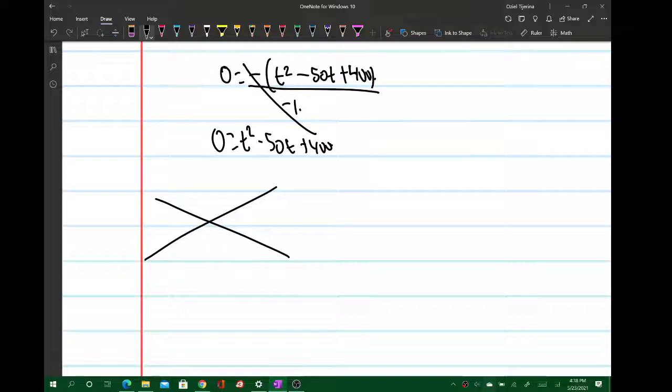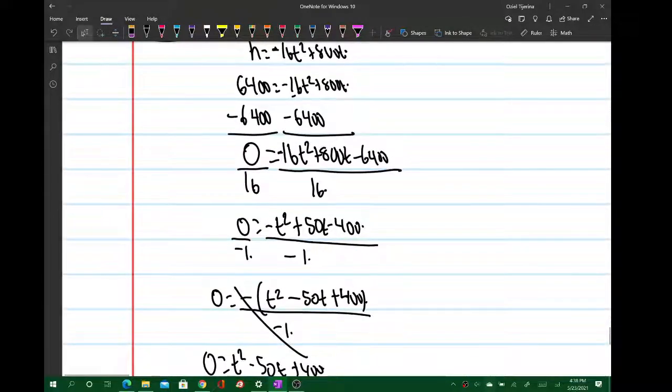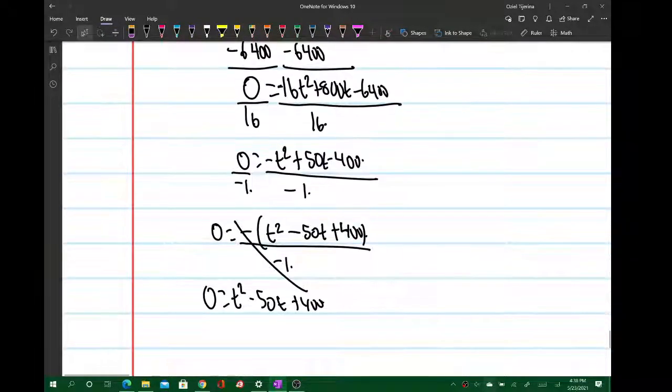Or you can even use the X box. a times c is 400, and you have negative 50, so you need two numbers that multiply to 400 and add to negative 50. Let me think about that one. Give me a second, hold on.